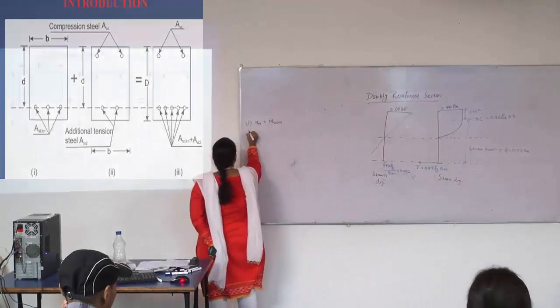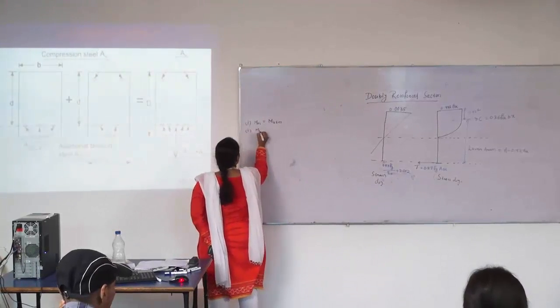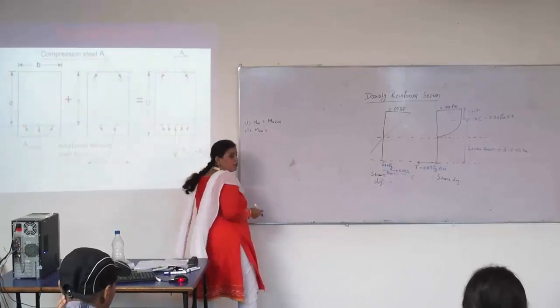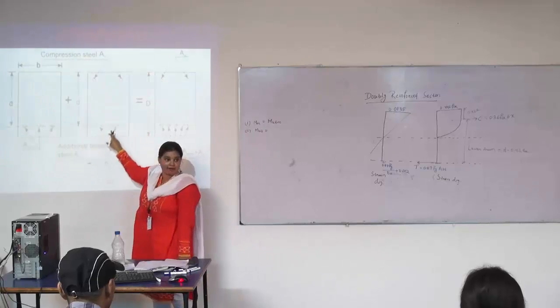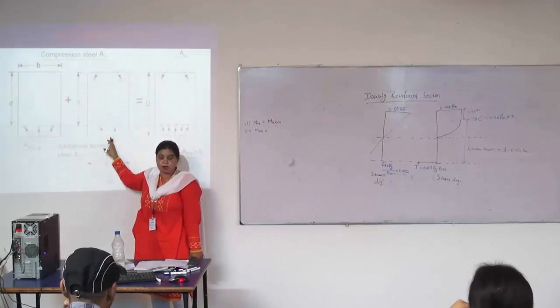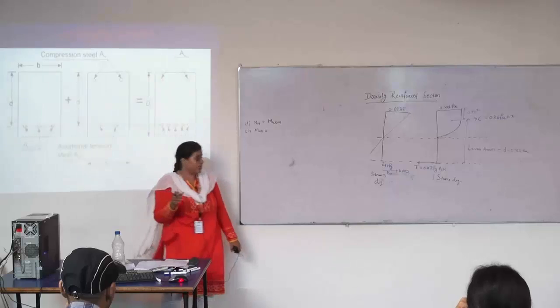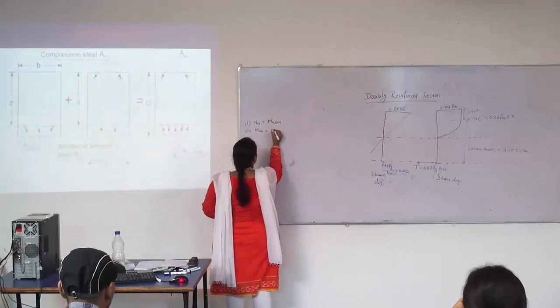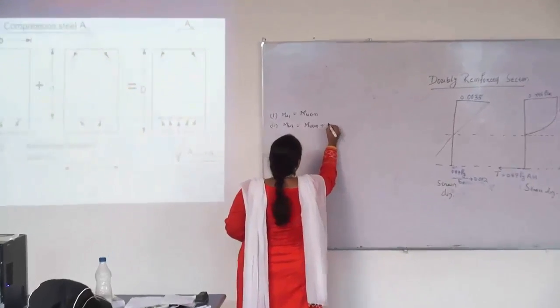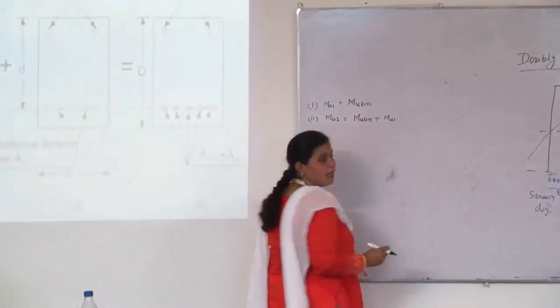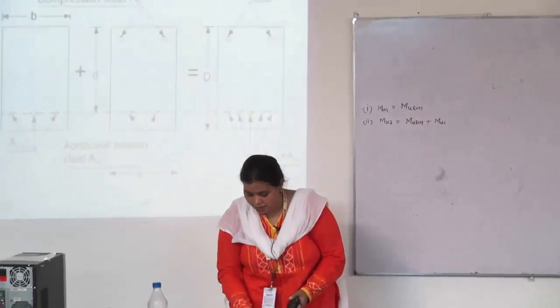Now second is Mu2, equal to what? For this steel and this steel, compression zone steel and tension zone steel. So Mu limit plus Mu1, or not?